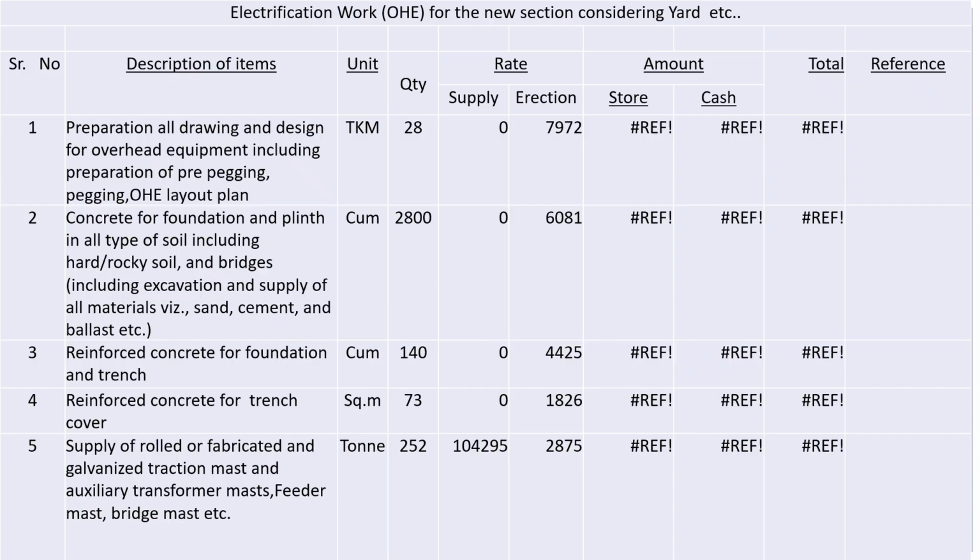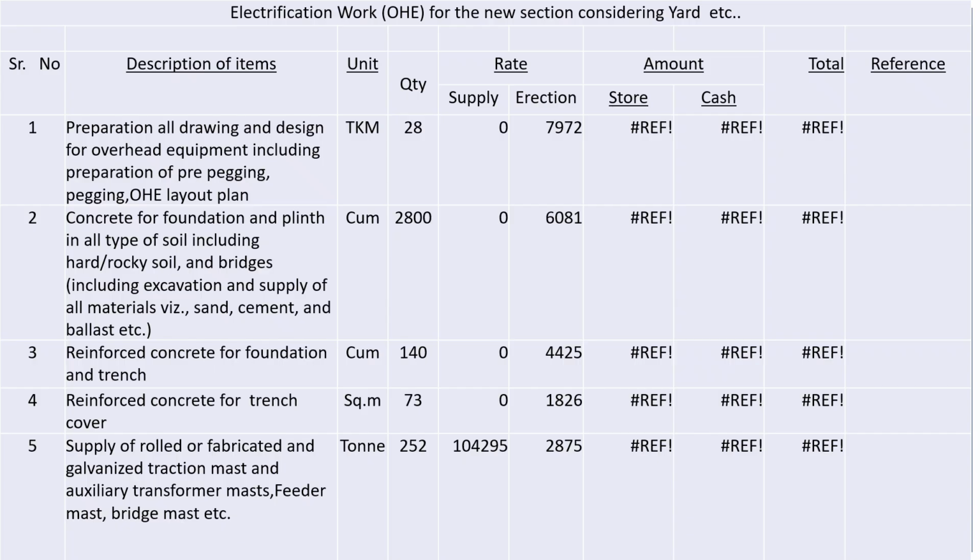One is supply rate, another is erection rate. Then normally some items in our contract category are given from store, DG set from store. So many things are issued from the store purchase. So you have to include that thing also. Then add the two quantities in rupees, not in quantity. Total, it will be reflected.